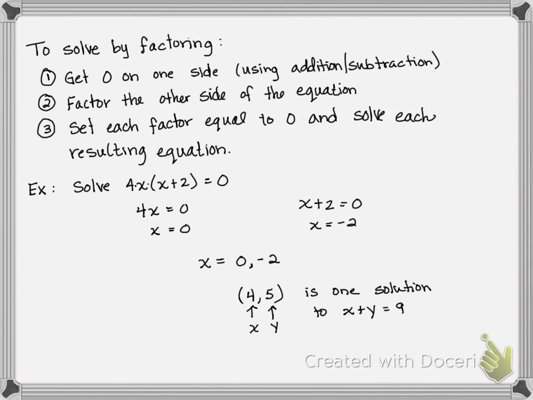Whereas these are 2 separate solutions. They're both x values. One of them's not x and the other one being y, right? We have 2 separate solutions to a single equation, whereas an ordered pair is one solution to an equation that happens to have two variables.